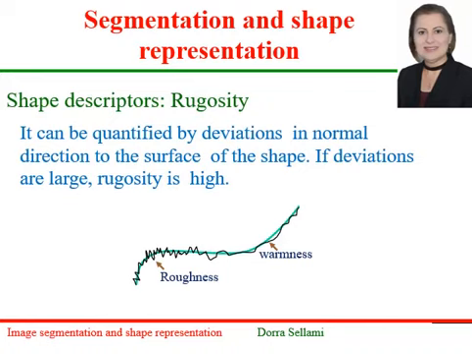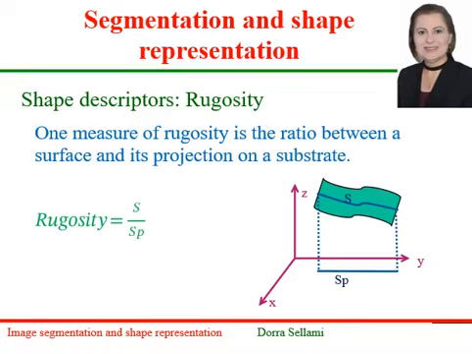Another shape descriptor is the rugosity, which can be quantified by deviations in normal direction to the surface of the shape. If deviations are large, rugosity is high. One measure of rugosity is the ratio between a surface and its projection on a substrate of it. Rugosity is S over SP, and S and SP are illustrated in the figure below.